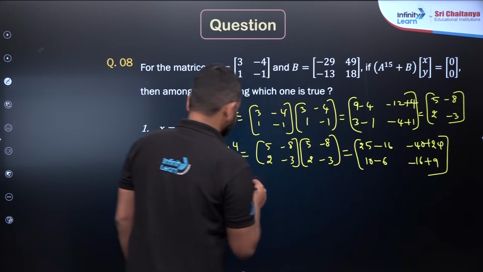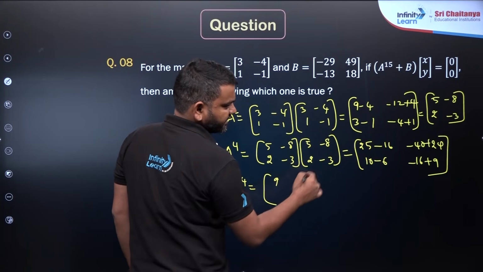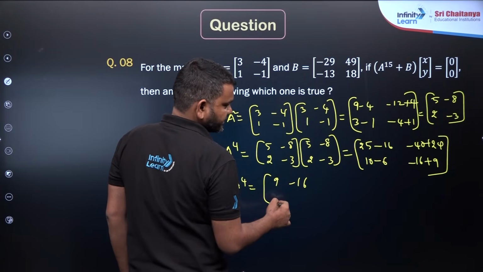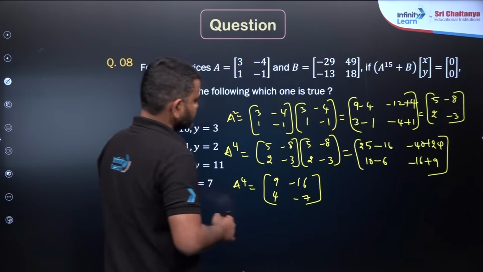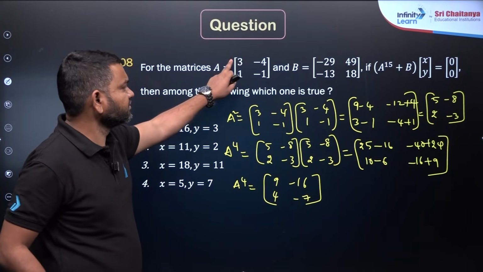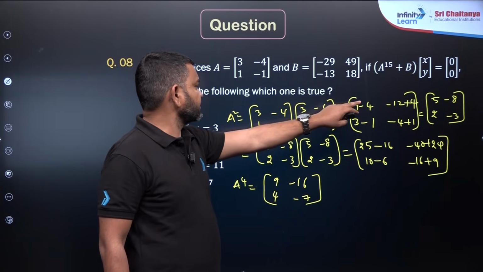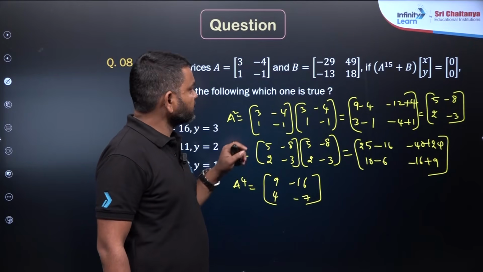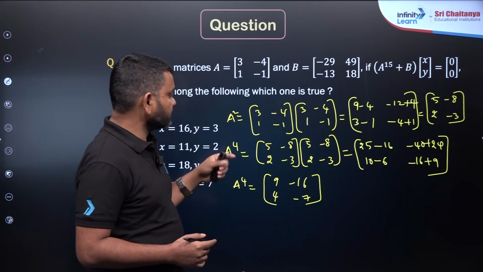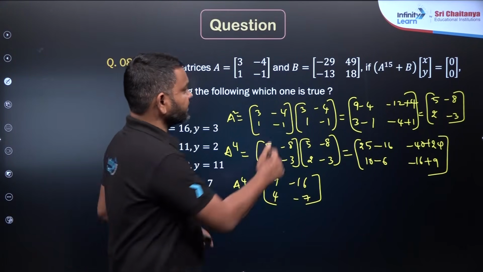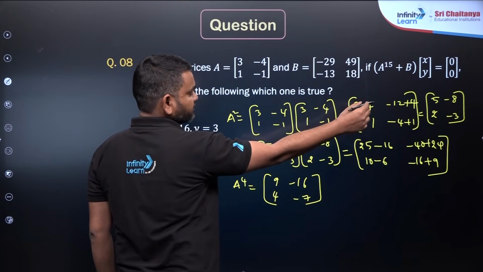So the result of this A power 4 is going to be 9 and there it is minus 16 and here it is 4 and here it is minus 7. So just to do the observation, children, here 3 then 5 then 9. So when A is 3, A square 2 added, A power 4 4 added. And here minus 4, minus 8. So from here to there 1 minus 4 is subtracted.